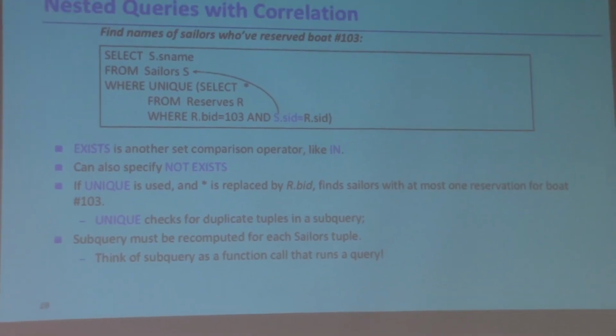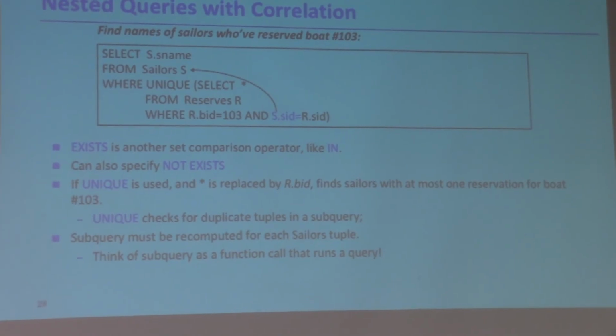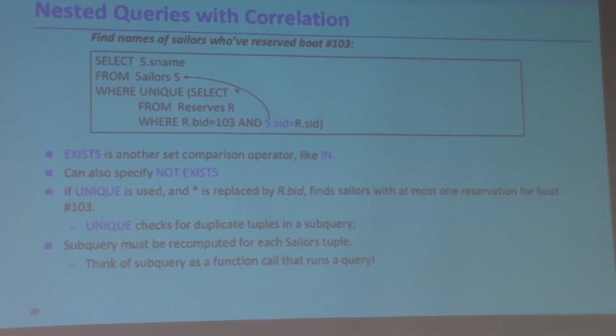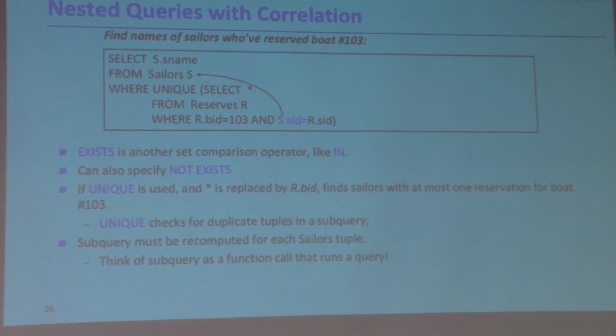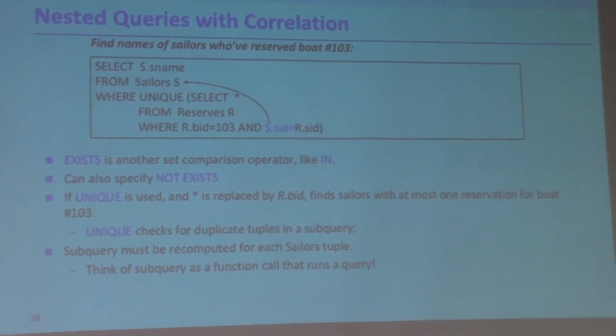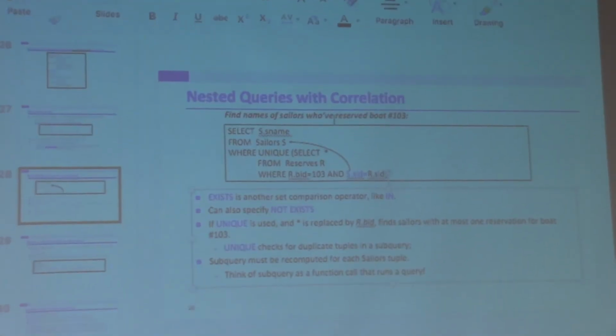What is the query now? What does it output? Let's also change that star to R.bid, because otherwise it won't work. Let's just do it as bid.